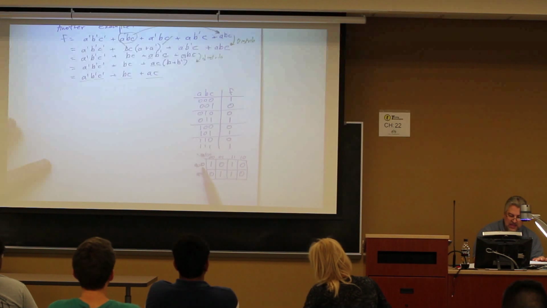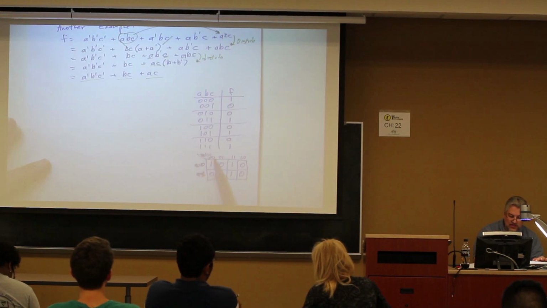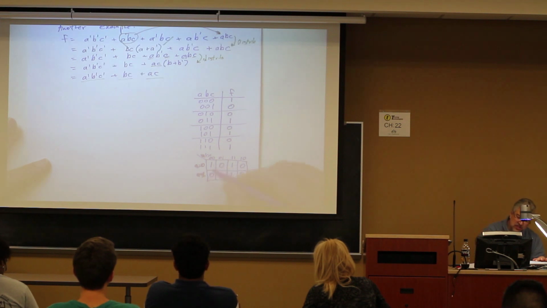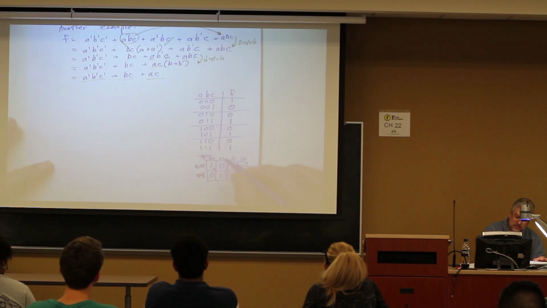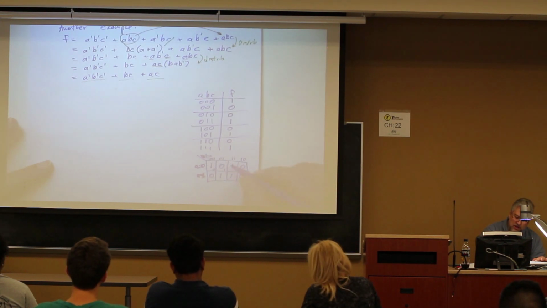So let's see, when A is equal to 0, B is 0, and C is 0, that line, I have that. So this is element number 0. When A is 0, B and C, this is element number 1. This is element number 2. This is element number 3.